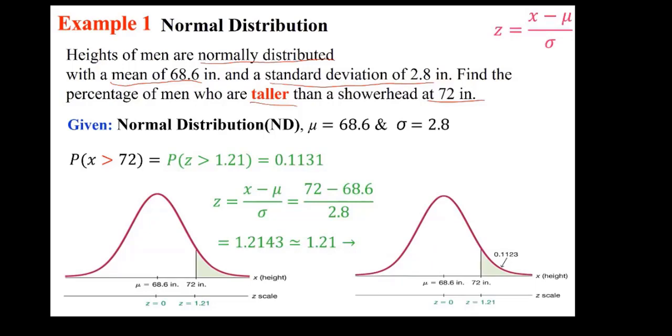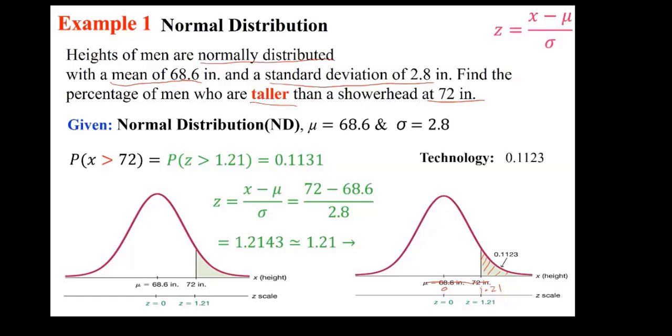I would rather use just the z-score. In other words, I wouldn't even bother to do this or even this. I would write 0 here. I would write 1.21, and this is my shaded region, and I look it up. This is what I would do. This is the fastest and easiest way to handle this.